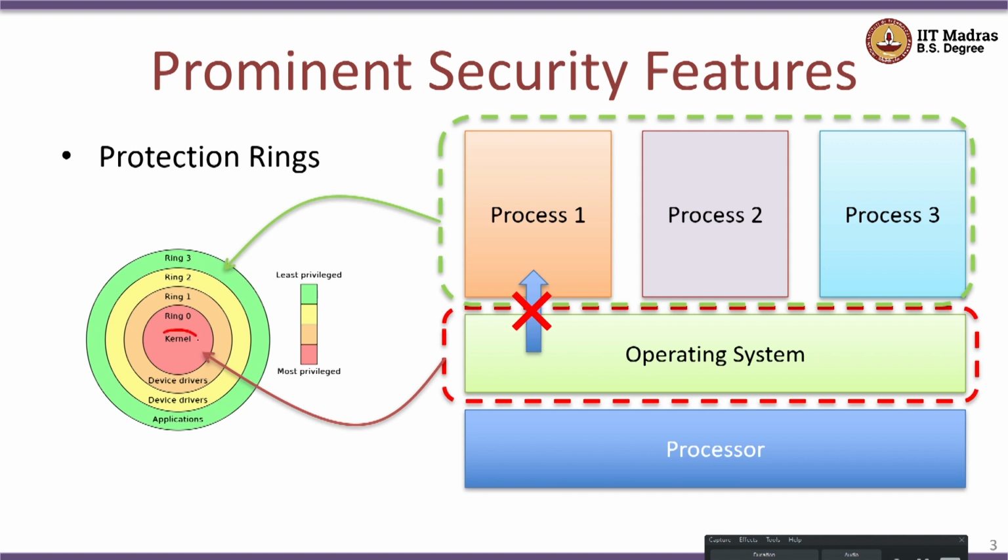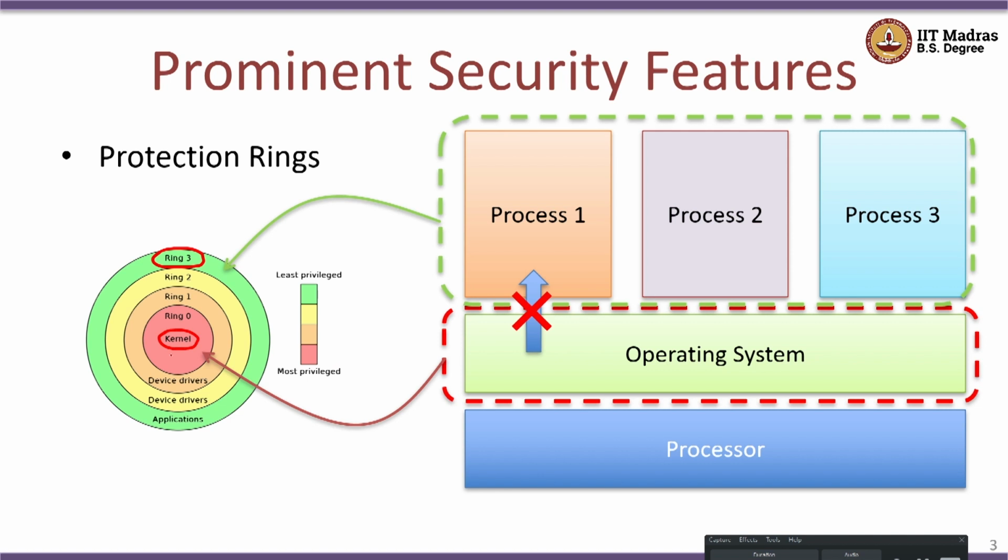Ring 0 is where your operating system essentially executes, while ring 3 typically is where your user processes like process 1, process 2, and process 3 execute. Ring 0 is the most privileged, while ring 3 is the least privileged. The least privileged processes, so ring 3 for instance, are isolated and cannot read or access any data or information in ring 2, 1, and 0.